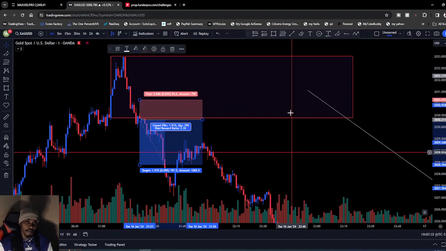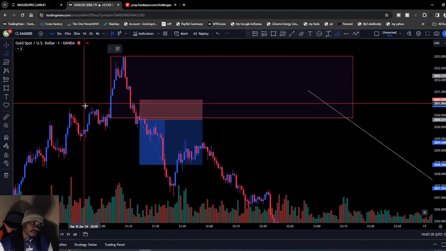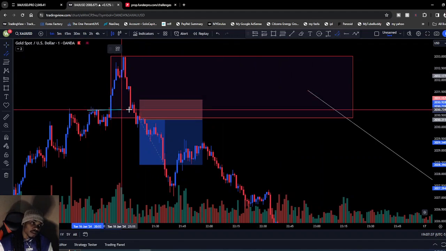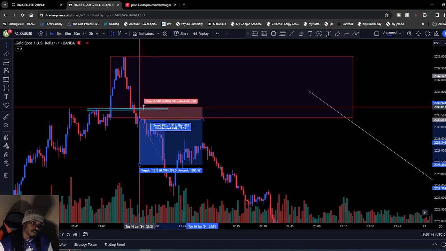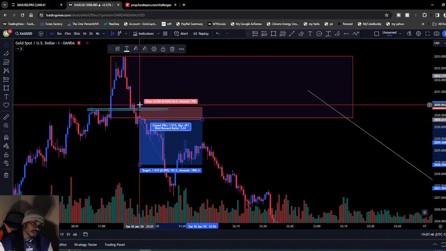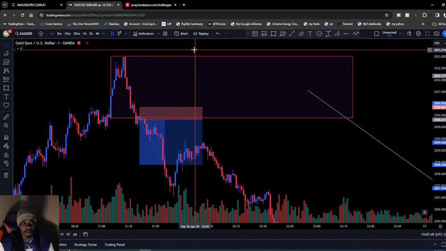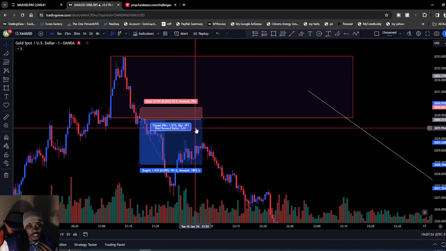But since we have minor support turned resistance right here, you could have placed it above this zone, like above this wick. But like I said, it all depends on the trade at that current time.